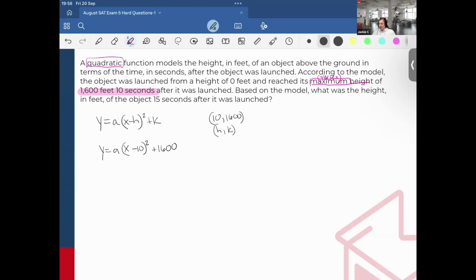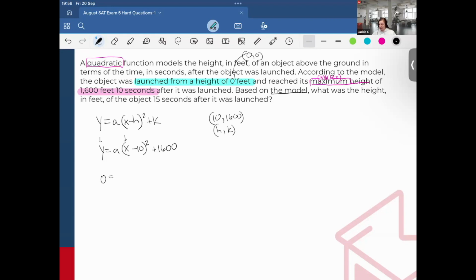And then since I'm given another pair of coordinates, important, it tells me it was launched from a height of 0 feet. That means another pair of coordinates that occur in the quadratic function would be (0, 0). So I can substitute them in for x and y here. In doing so, I will get the value of a, and I will have my complete quadratic model.